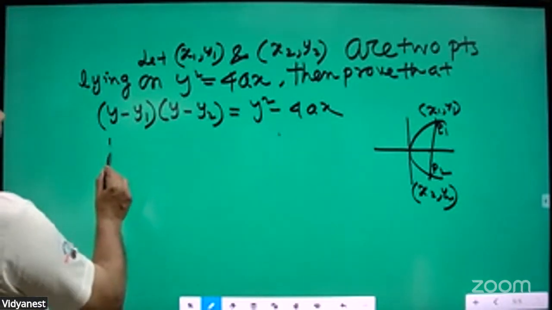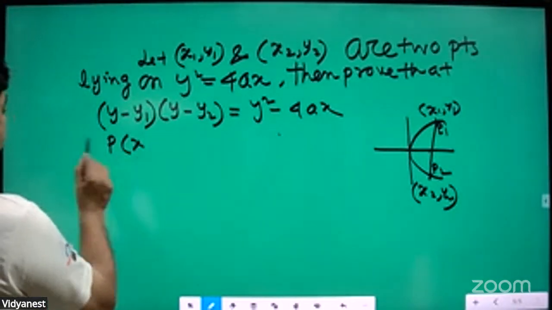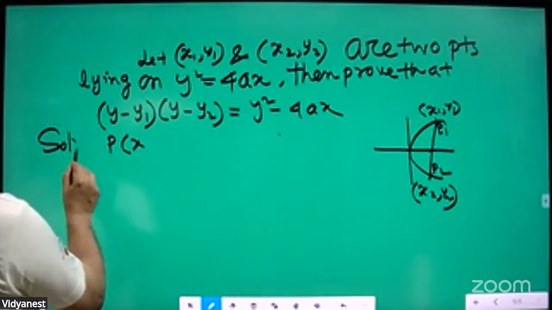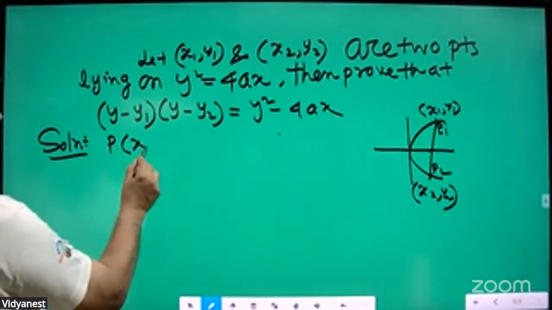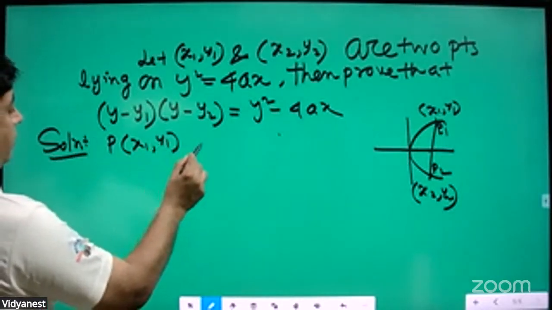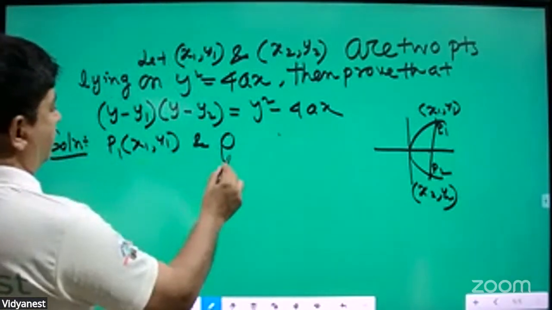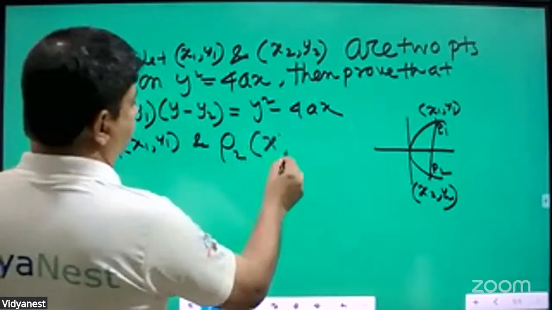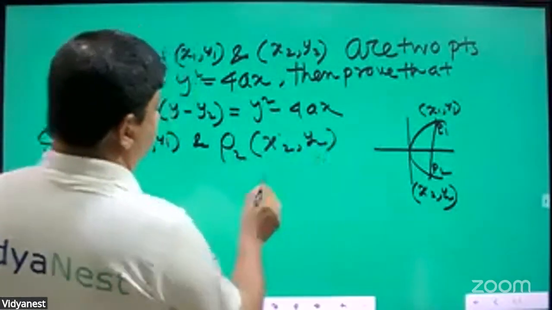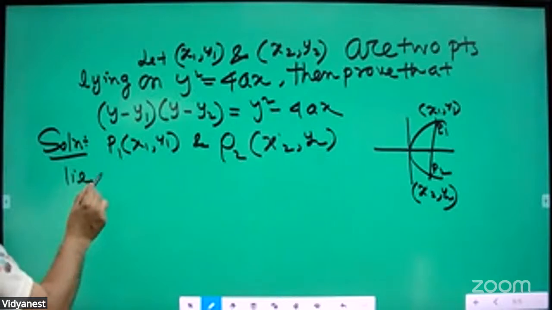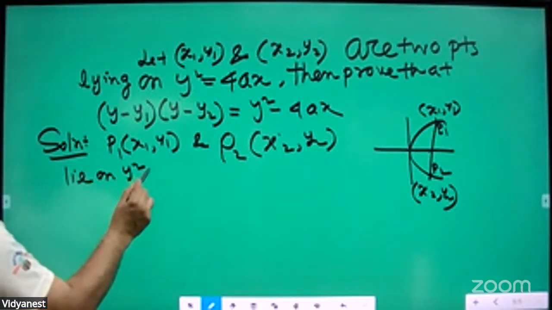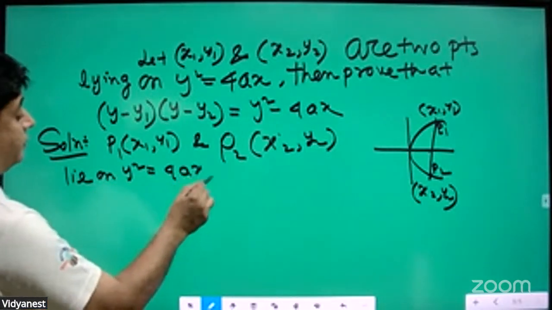See, P1 and P2 lie on y squared is equal to 4x.